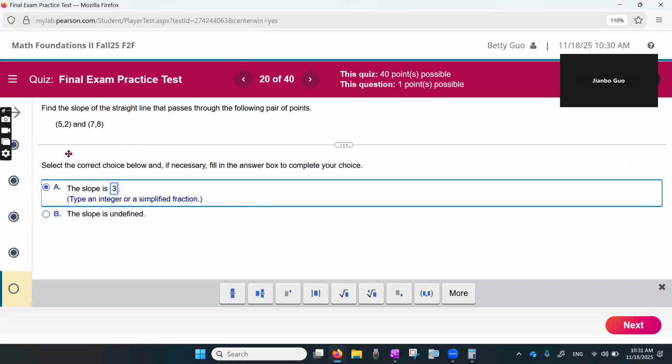Because the y value goes from 2 to 8, up 6 units. So your rise is 6. And the x value from 5 to 7 means the run is 2. Rise is 6, run is 2, rise over run is 3. 6 over 2 is 3.